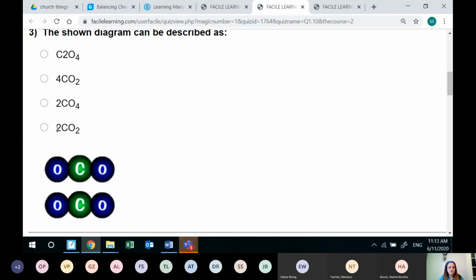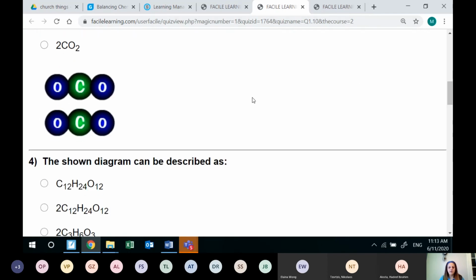The fourth one, 2 molecules of CO2. No, not CO4. Look, each separate one, I have C with 2 O's, that's CO2. Not CO4. CO2 twice. Got it? Yes, the fourth one. Good job. Okay.